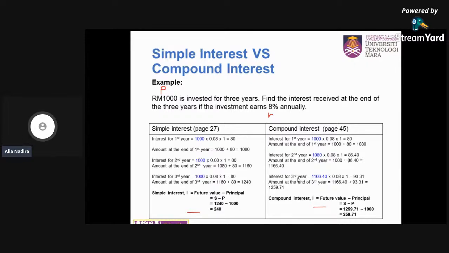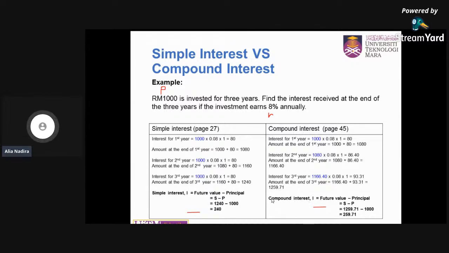For the third year, we take the new amount in the account times R times T, and we obtain the interest amount. The amount at the end of the third year is 1166.40 plus 93.31, so we have 1259.71.